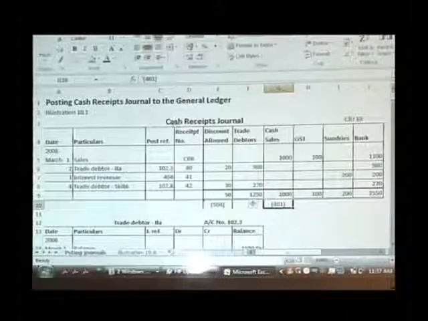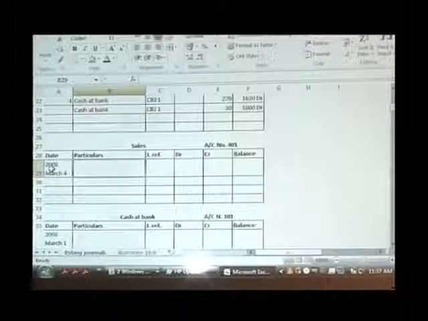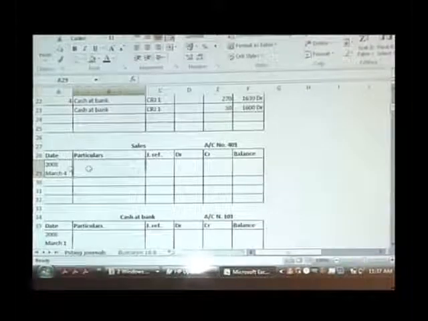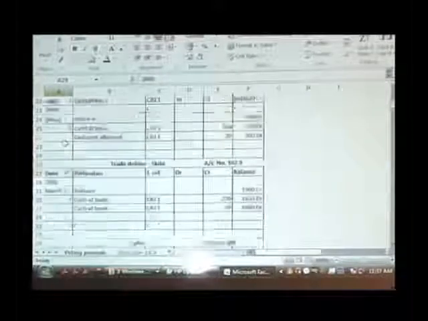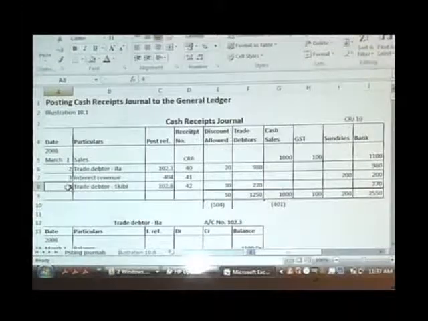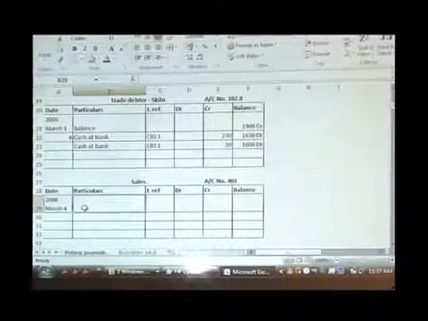$401 posted to the sales account, that is again on the balancing day. Balancing day is the last day of the journal, that is 4th March. On 4th March, take the total.